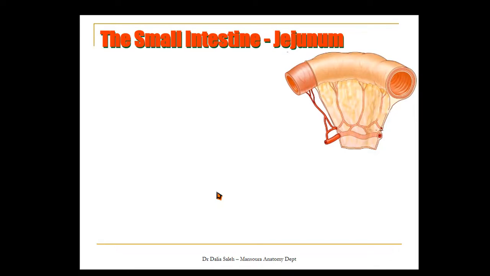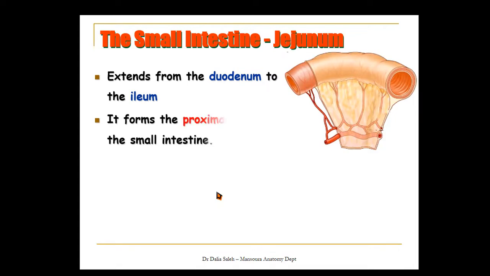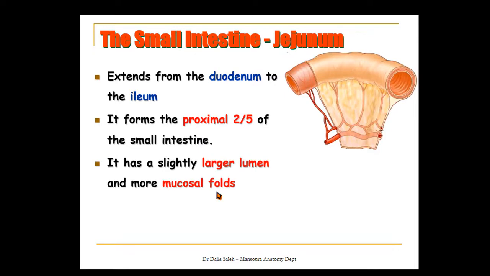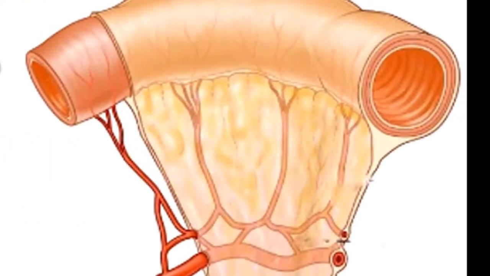Then the next part of the small intestine that follows the duodenum is called the jejunum. It extends from the duodenum to the beginning of the ileum. It forms about the proximal 2/5 of the small intestine. It has a slightly larger lumen than the ileum and more mucosal folds.